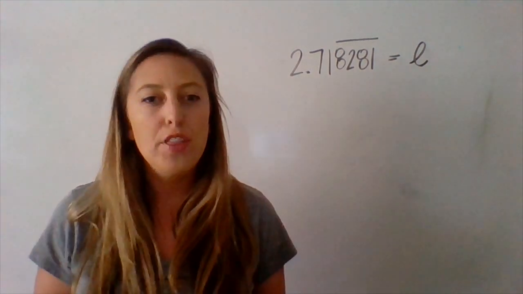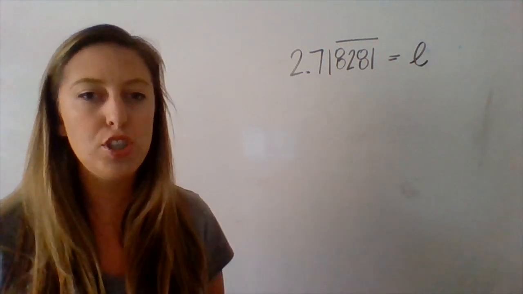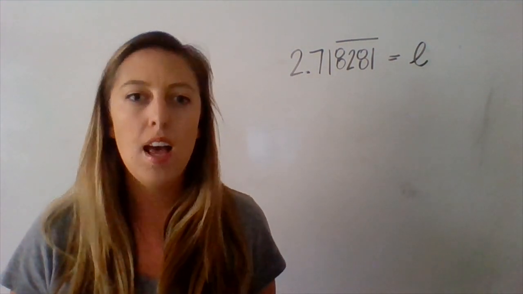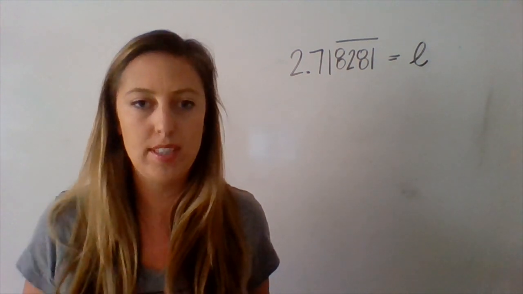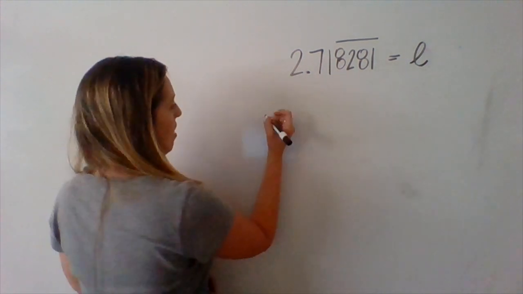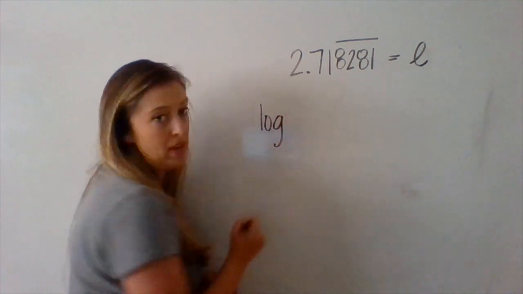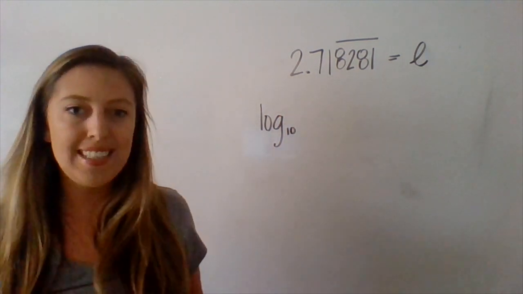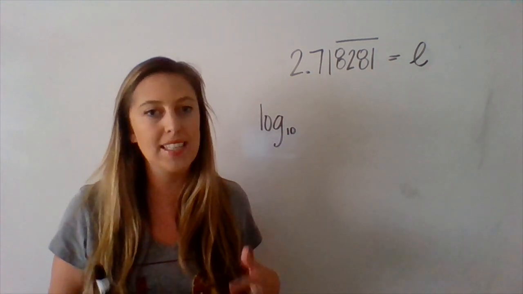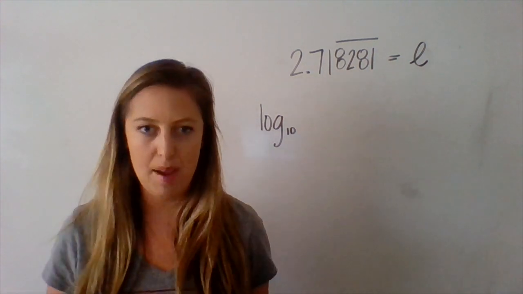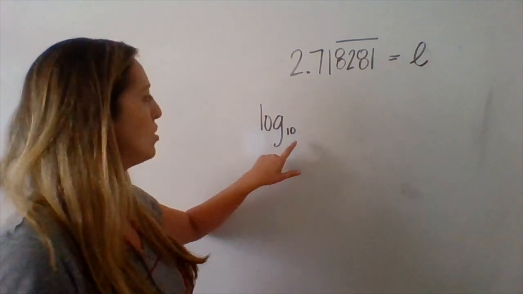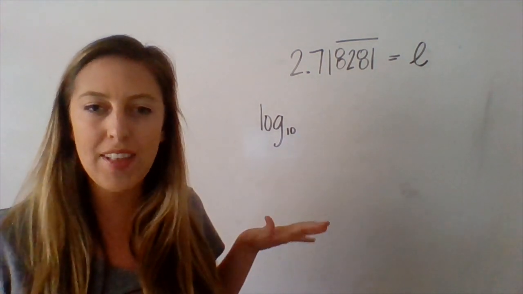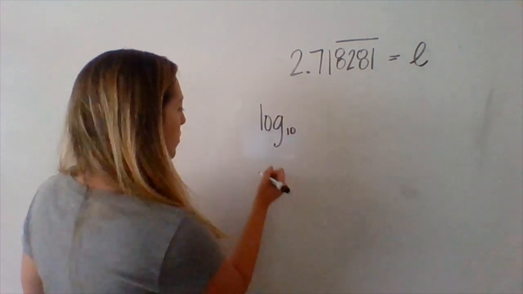So that's E. The reason we need this is because we have two really common logarithms whose bases we use all the time. The most common log is called the common log, and that is base 10. We use log base 10 so frequently that it's like the square root sign.